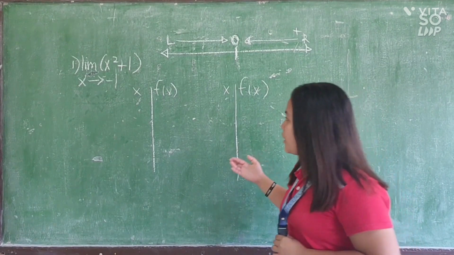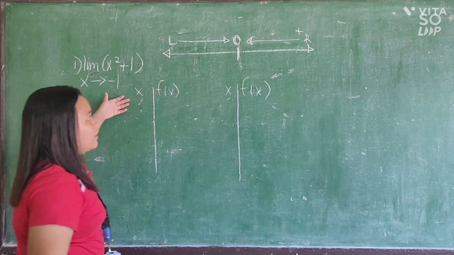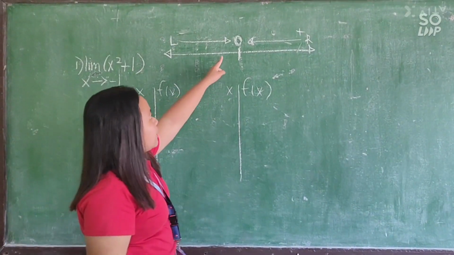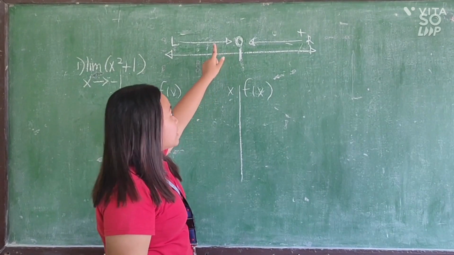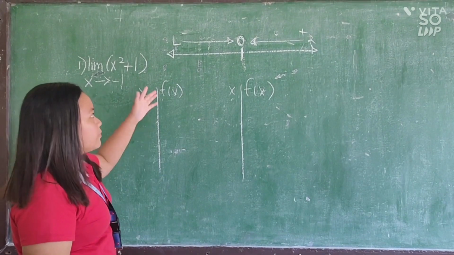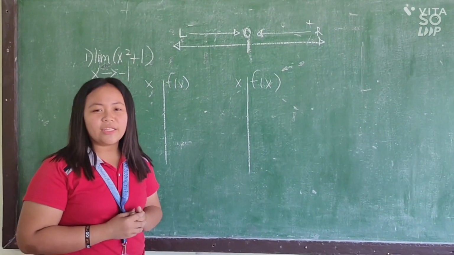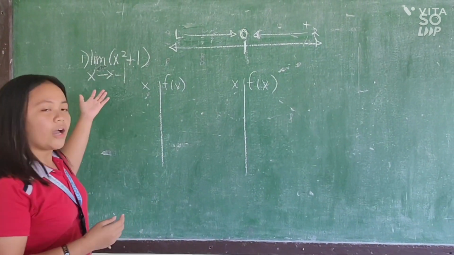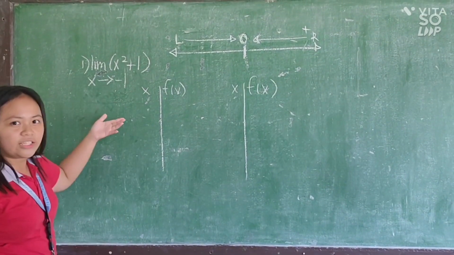So our example here is negative 1. There are two ways to get the values that approach x, which is our negative 1.